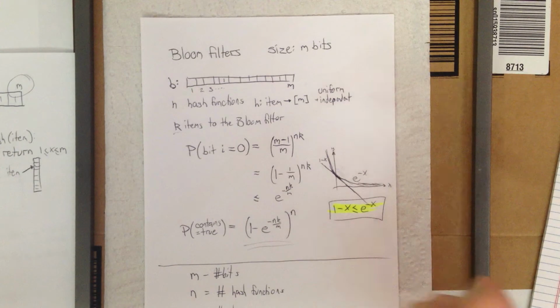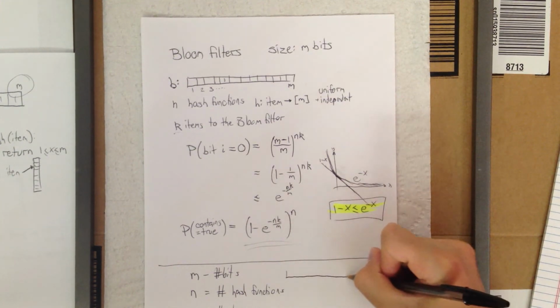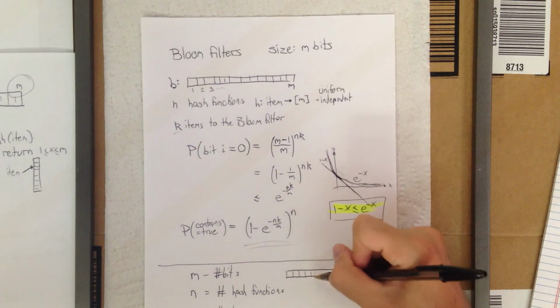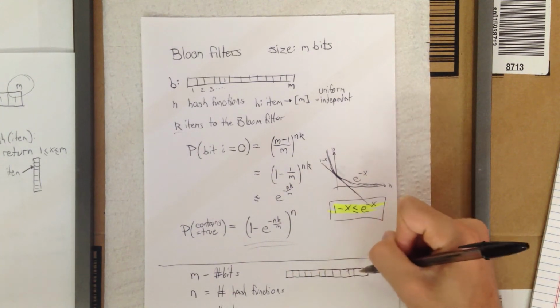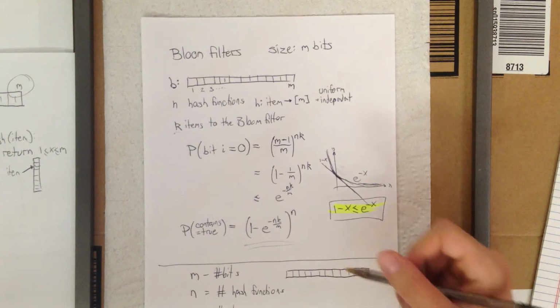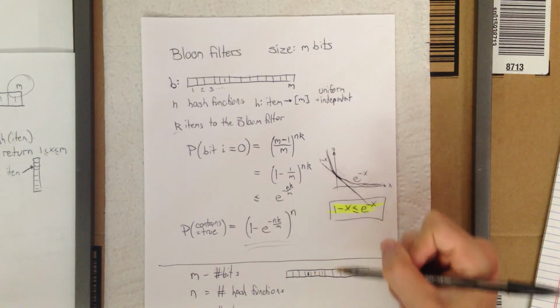And so what happens once you've chosen these is you start with your m-bit bit array with every bit set to 0, and then every time you add an item, n of these bits get set to 1. So you add your first item, let's say n is 3, 3 of these get set to 1.